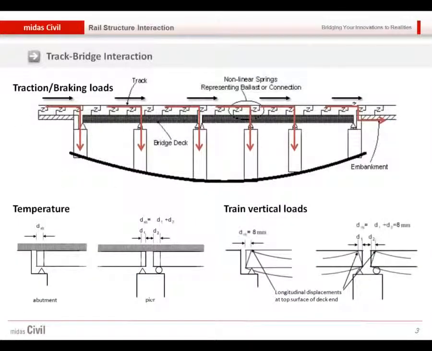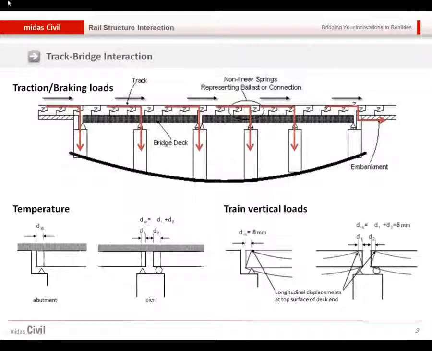If we look in more detail at this interaction, this is the rail at the top, and this is the deck. So between the rail and deck, there will be the ballast. So when the train is there, traction load or braking force can be applied to the rail.